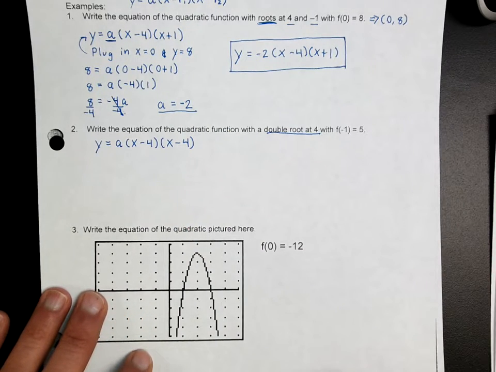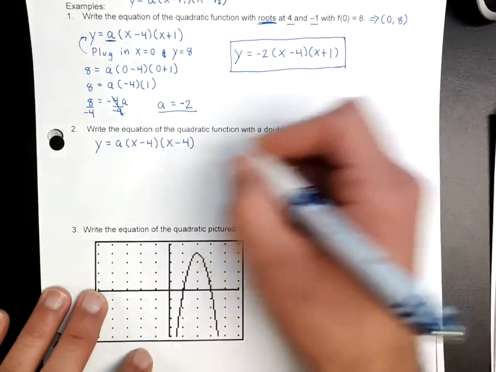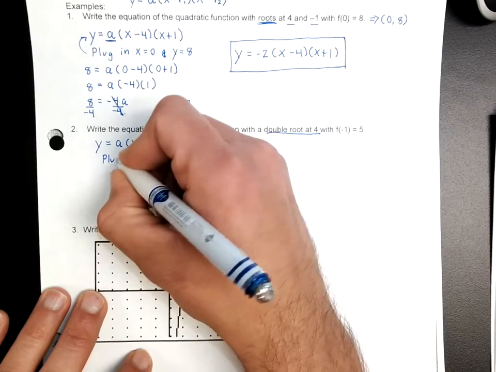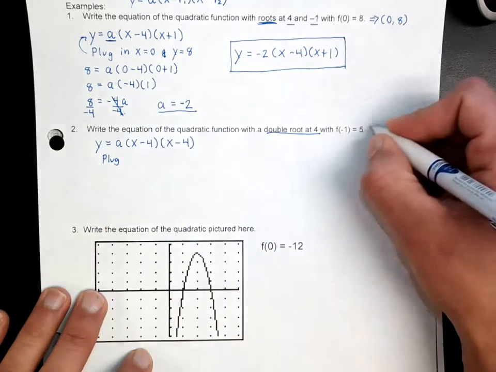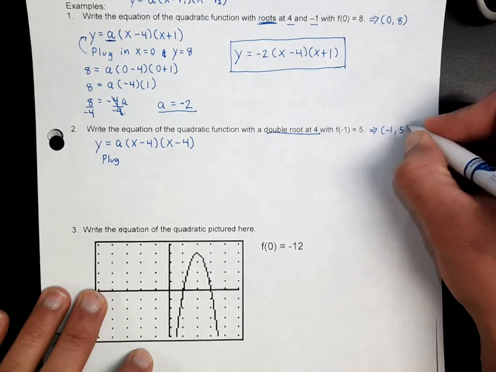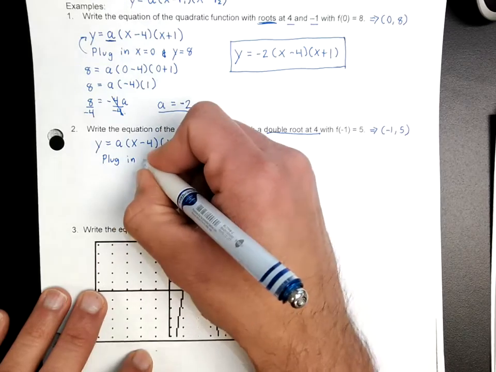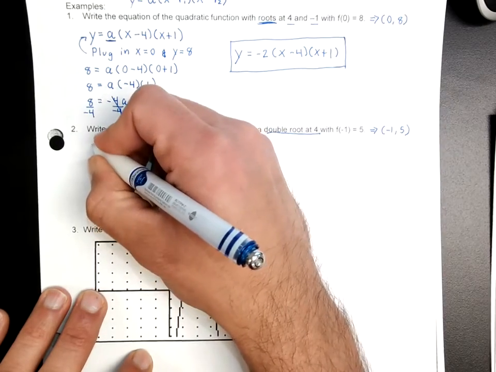So what you're going to do now is plug in, and I'm only going to write it one more time, the point (-1, 5). So I'm going to plug in x is equal to negative 1 and y is equal to 5 into this.